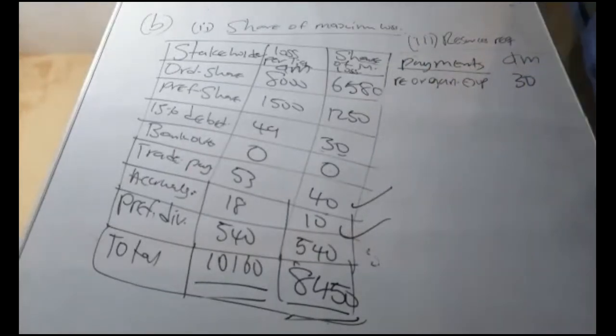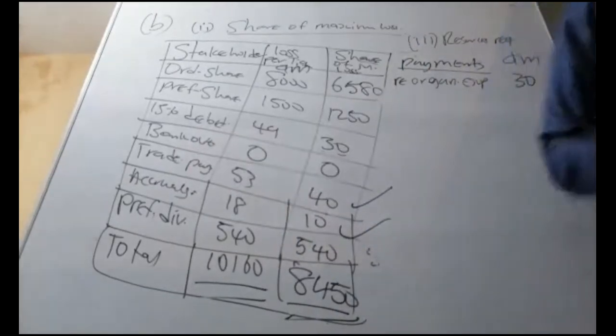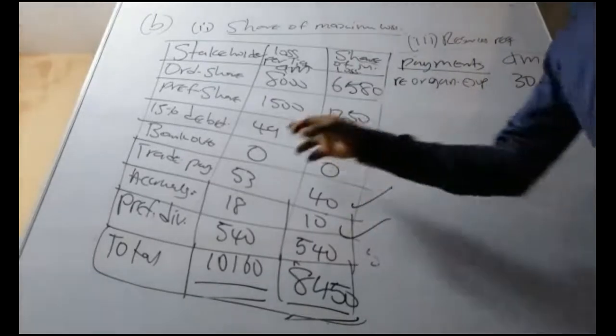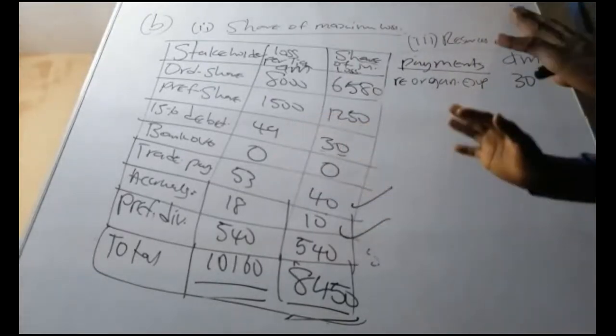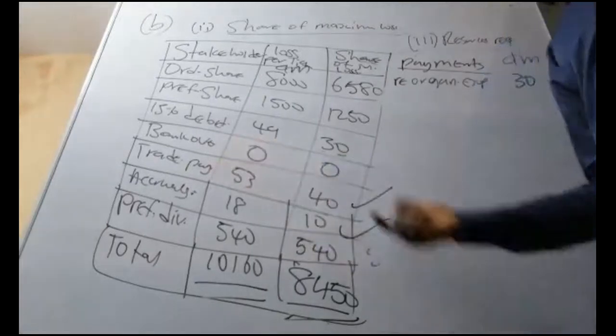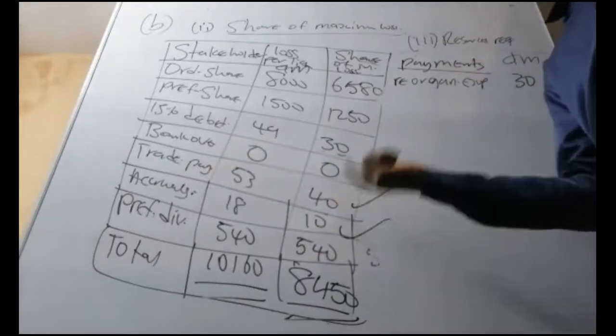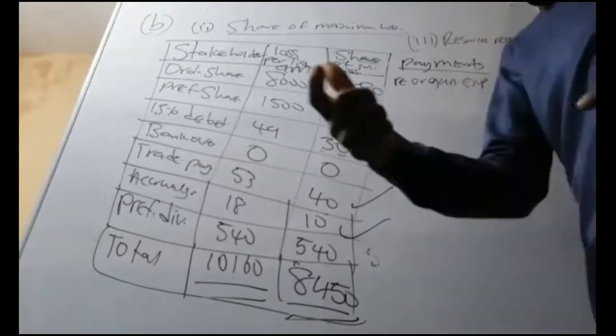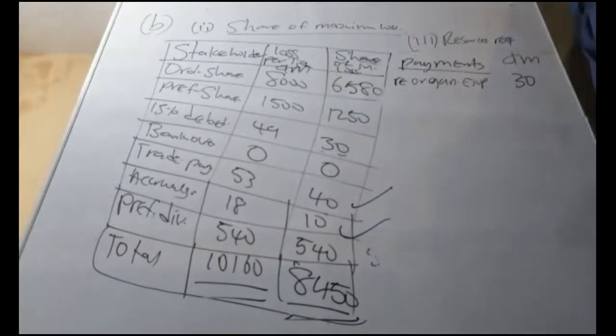Why should you owe creditors in the revived business? Let's pay them off. For the bank overdraft, they are not losing, so let's maintain them. You can't go and tell a supplier, please, I'm scrapping off 40 million from the amount that I owe you, and you're not going to pay the remaining balance. No, you will not agree. So that's why we are paying them.